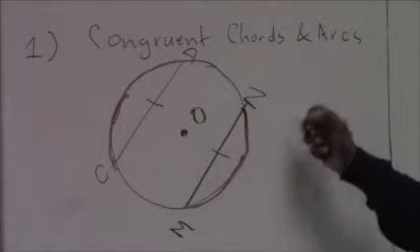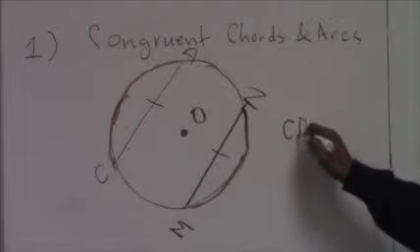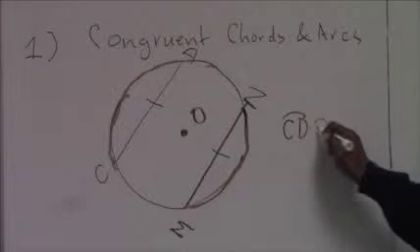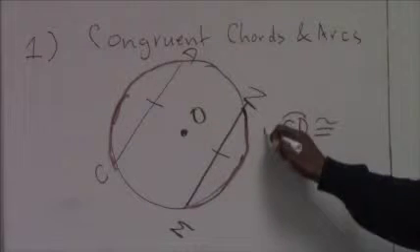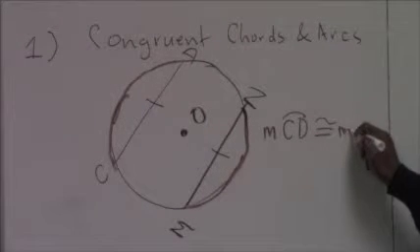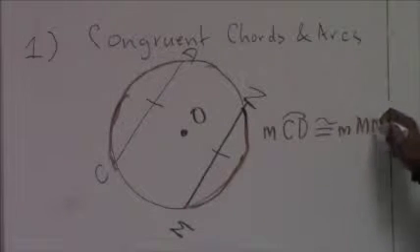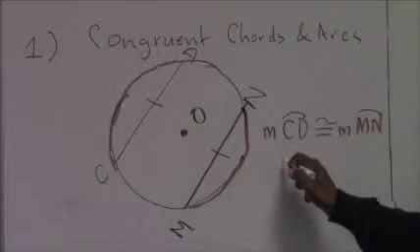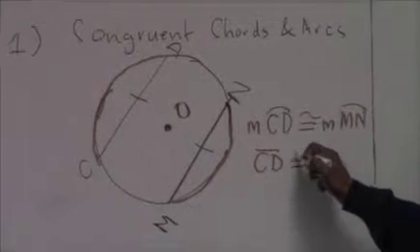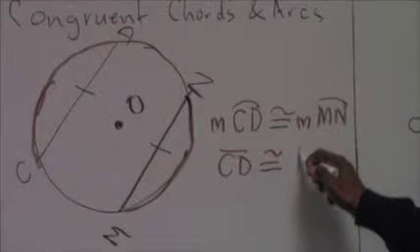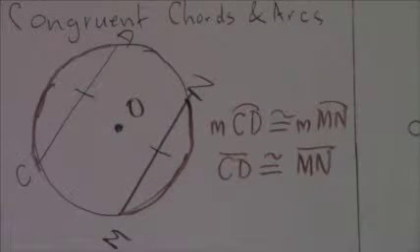So if the measure of CD is congruent to the measure of MN, then CD must be congruent to MN. So that's the first rule we have.